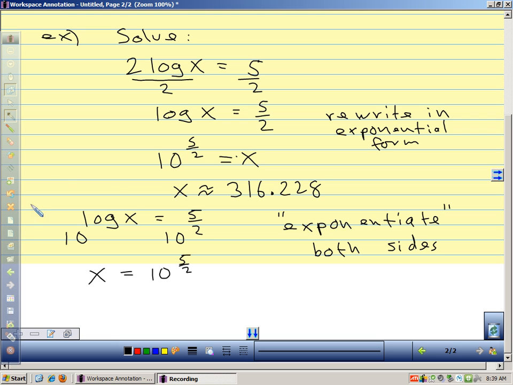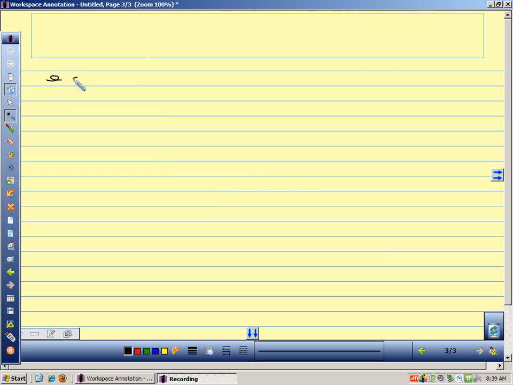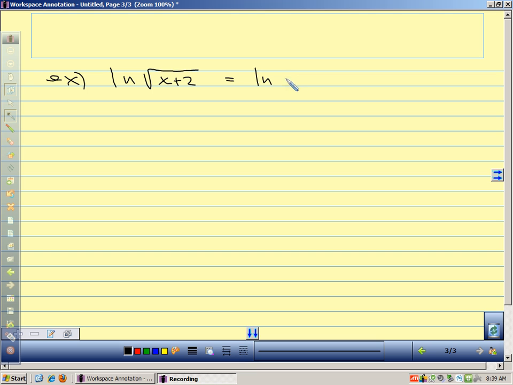All right, so let's look at another example. We're solving again. We have the natural log of the square root of x plus 2 equals the natural log of x. Now here we already have a logarithm with the same base on both sides.